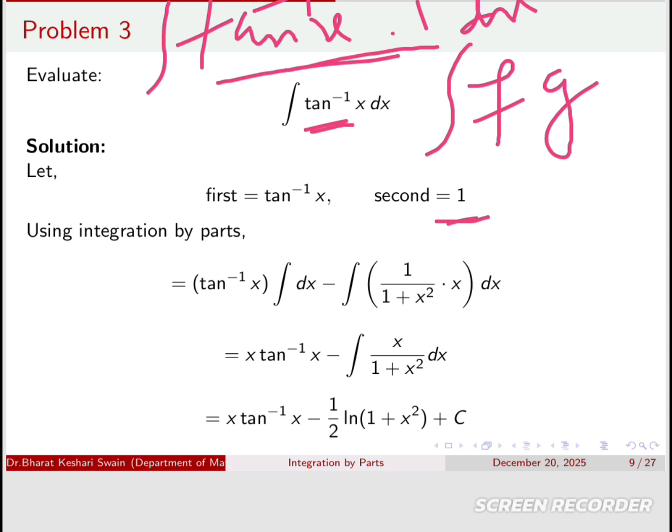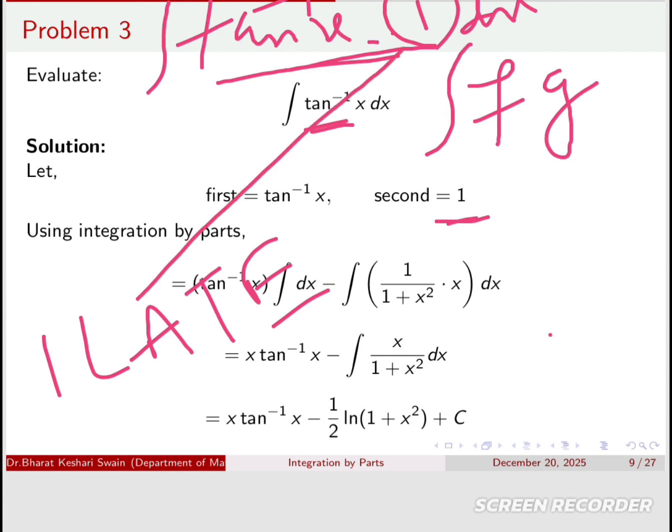Now you can check according to our rule ILATE, what is your first and second function? Because 1 is the algebraic function, and tan inverse x is your inverse trigonometric function.